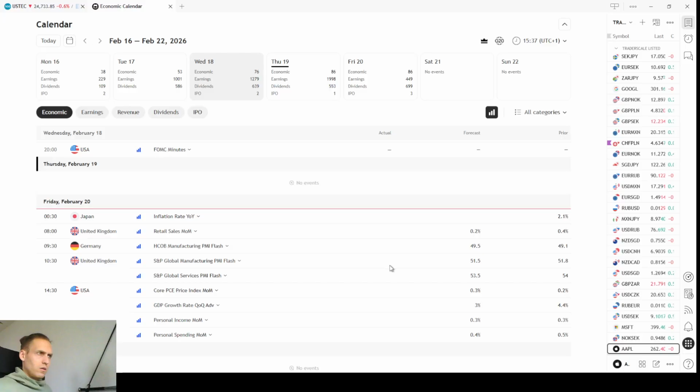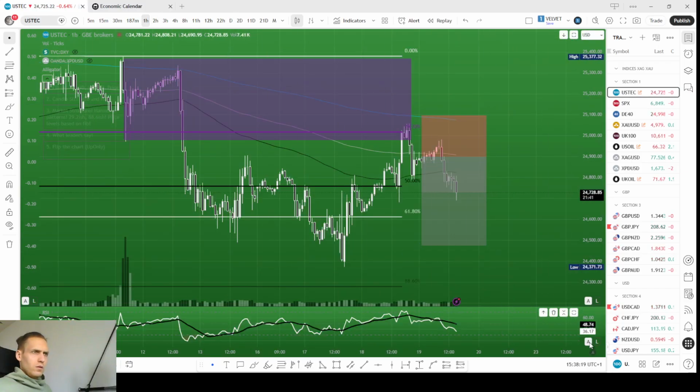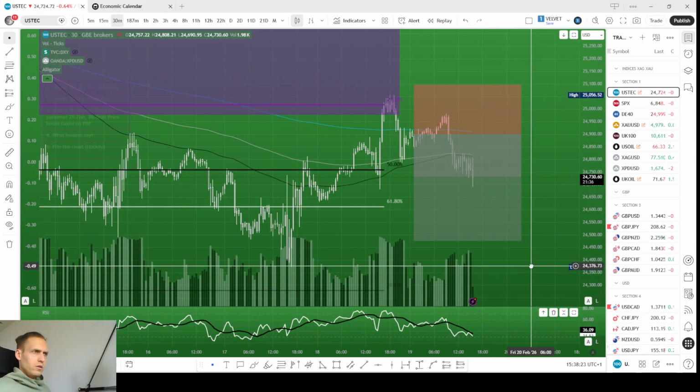Perhaps now? Yeah, now it works. Okay, so look at this. Look at US tech. Okay, on a daily it doesn't look good, and you know this color is very nice. I like this kind of green. But let's look at the trade, what it's doing right now. So it's going into my direction.